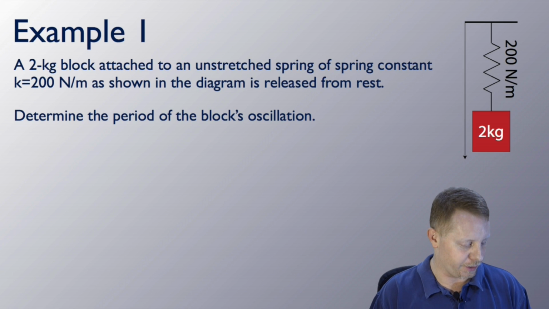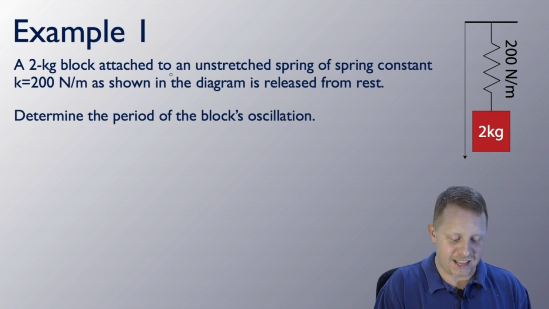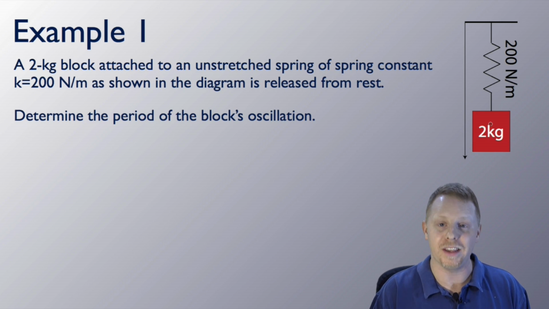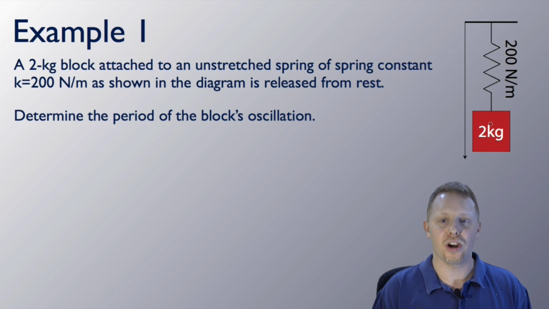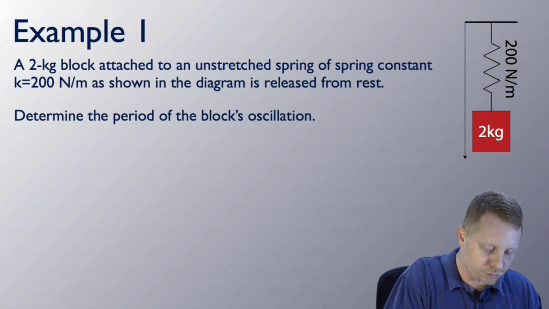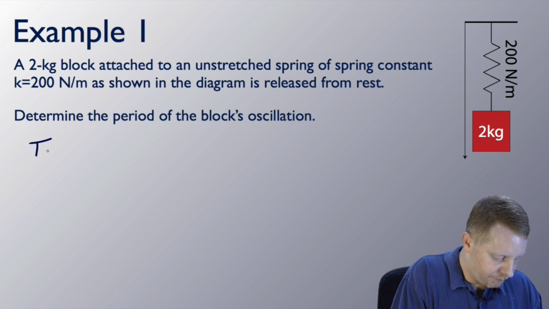So let's take a look here. A 2 kilogram block attached to an unstretched spring of spring constant k equals 200 newtons per meter, as shown over here in our diagram, is released from rest. Determine the period of the block's oscillation. Well, that goes right to our period equation.